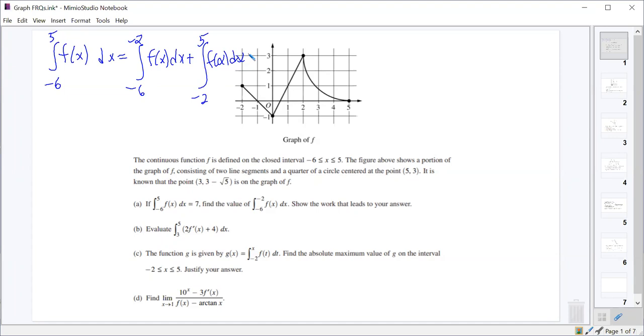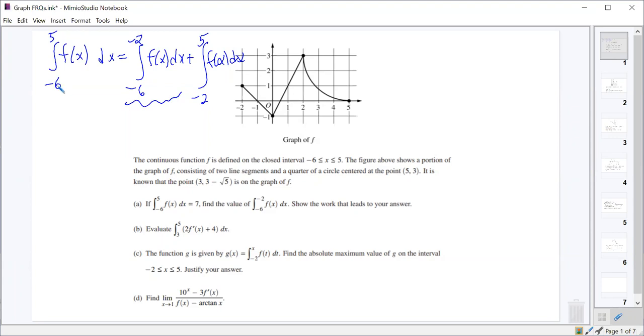Everybody agree that the integral from -6 to 5 should be the integral from -6 to -2 plus the integral from -2 to 5? Would we all agree with that? Yep. Okay.